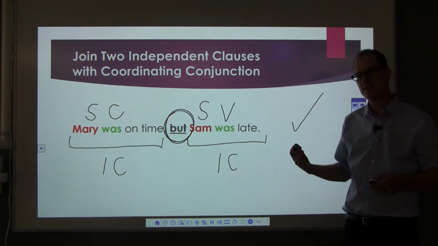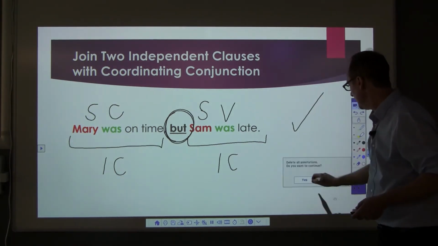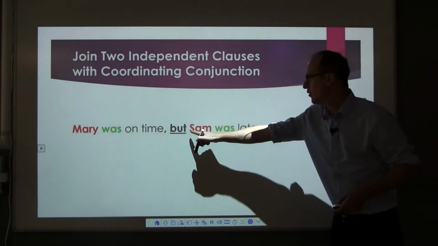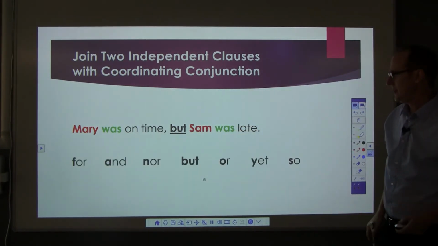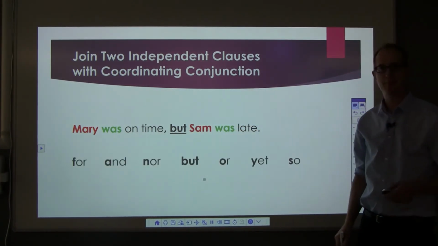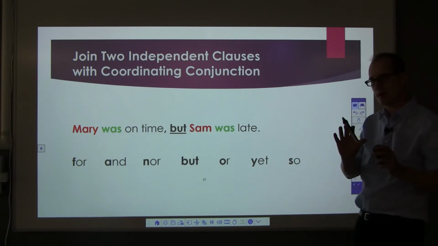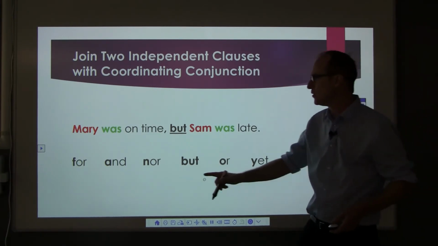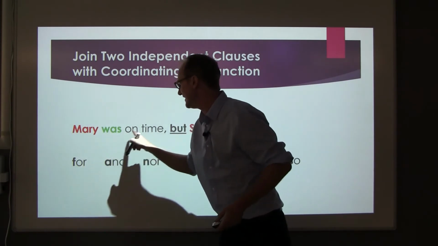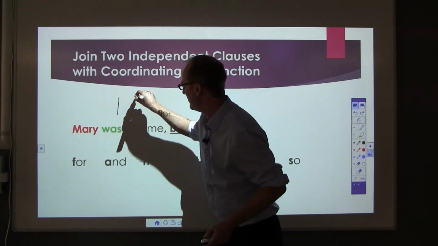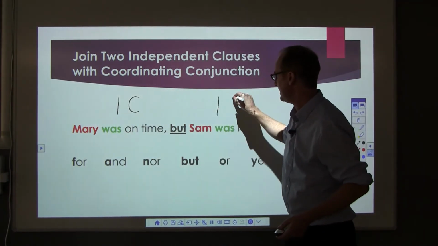Okay, that's a pretty fancy term. We have a better term for a coordinating conjunction. And we like to use the term fanboys. And what do I mean by that? Here's what I mean. There are only 7 words in the English language that can connect two independent clauses in the same sentence.